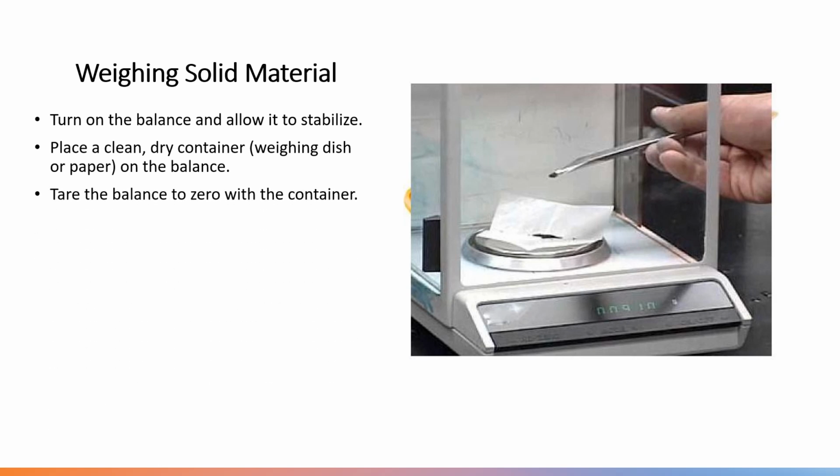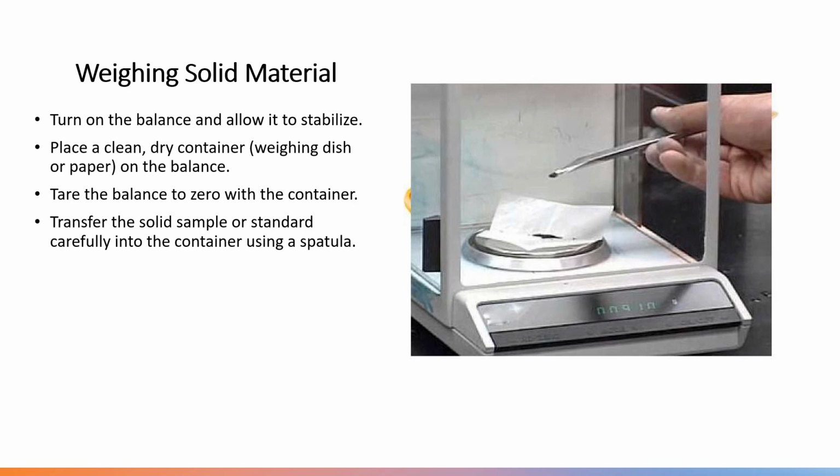Then tare the balance to zero with the container or butter paper so that it will nullify the container or butter paper weight. Then transfer the solid sample or standards carefully into the container using a spatula. Ensure the solid is evenly spread in the container to avoid tipping, right?